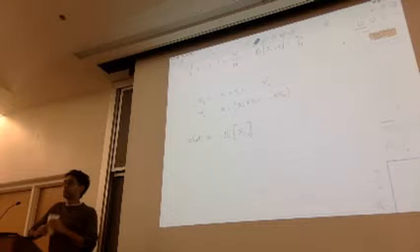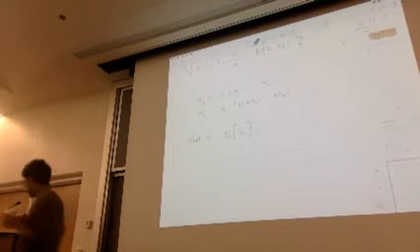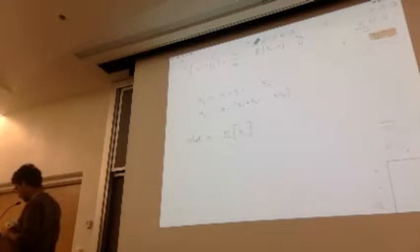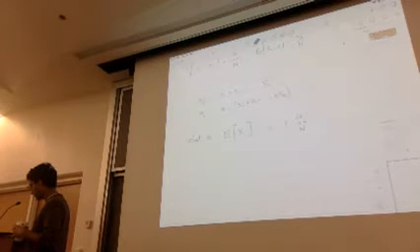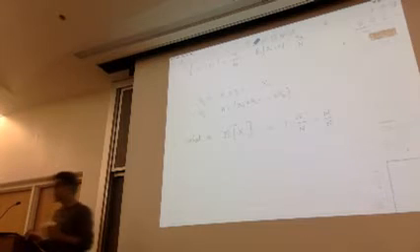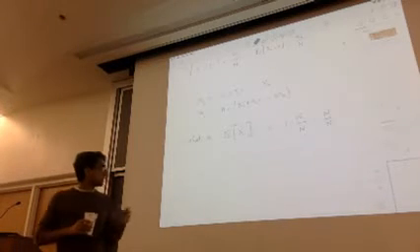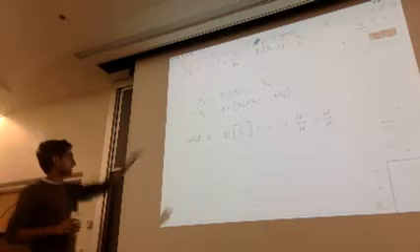Yeah, this is a 0, 1 random variable, so this is 0 times the probability that it's 0 plus 1 times the probability that it's 1. So this is just capital N1 over N. This is the expected value of x.